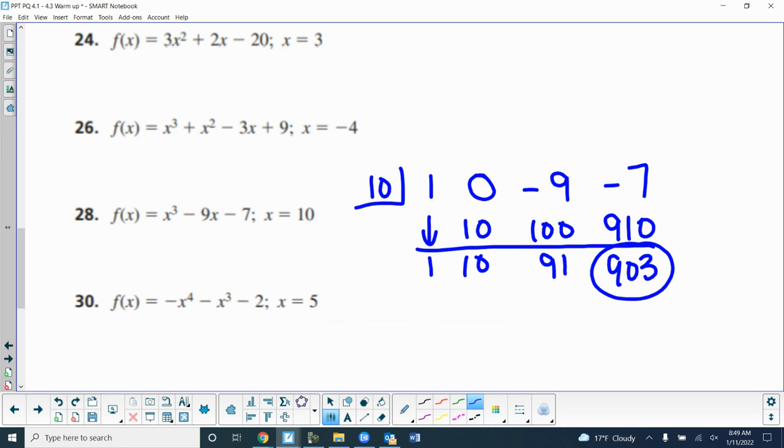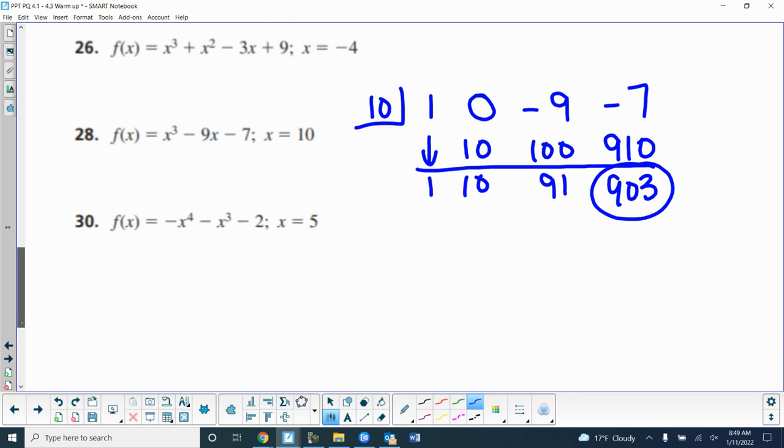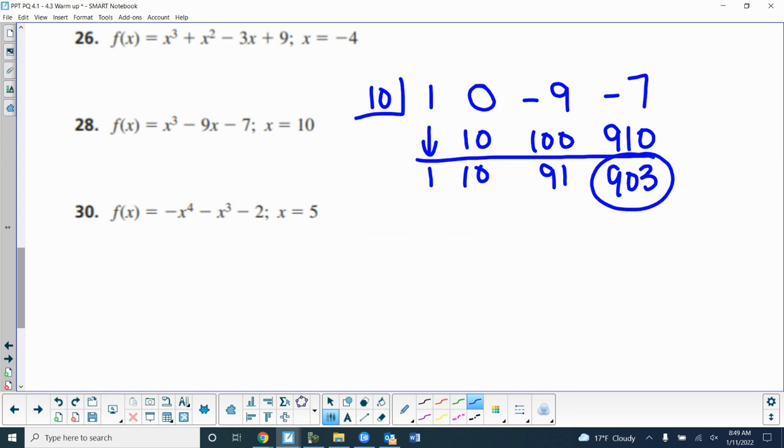That's 28, yeah. Here, I see where I went wrong. For 30, x is 5. Let's quiet down a little bit, please. -1 for the fourth, -1 for x cubed, 0 for x squared, and a 0 for x.